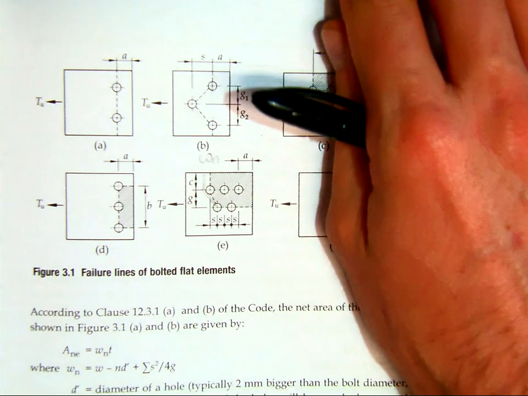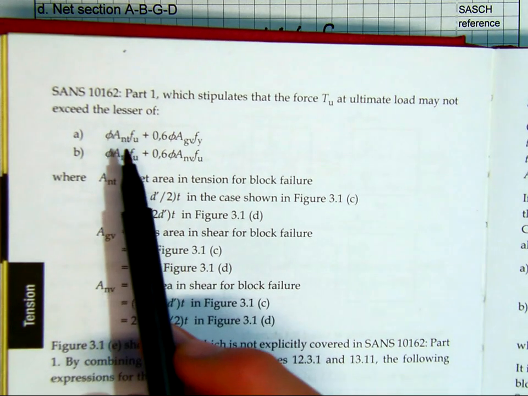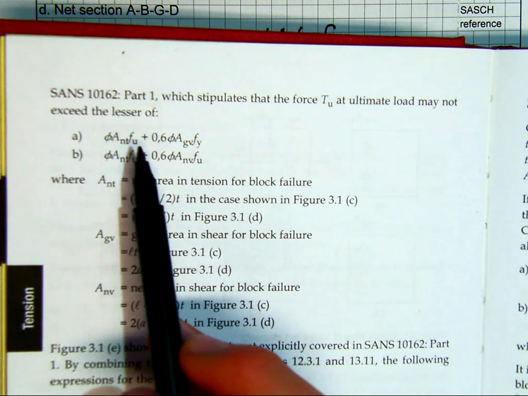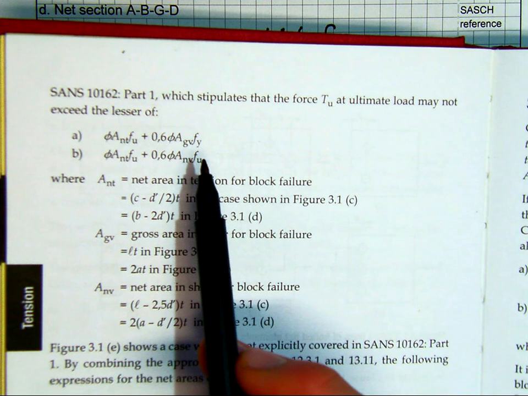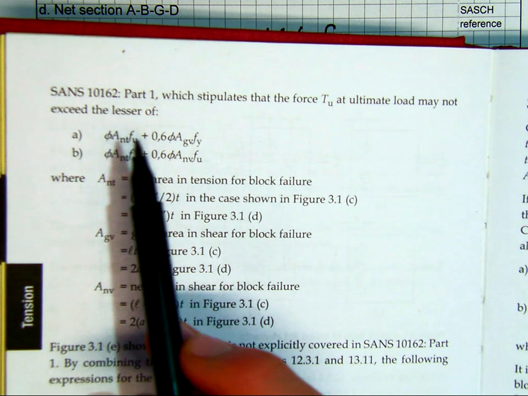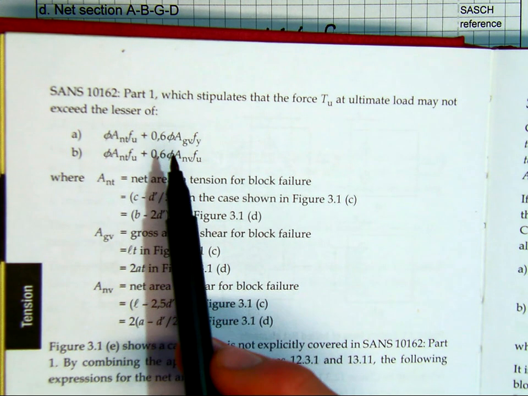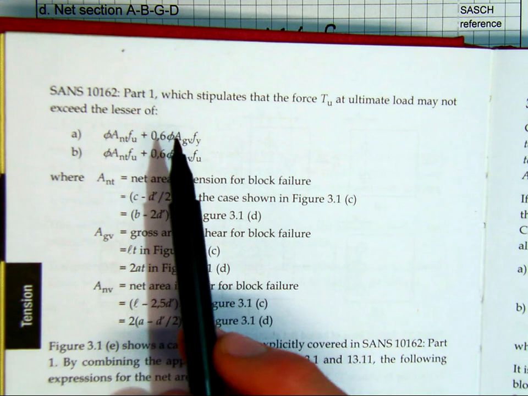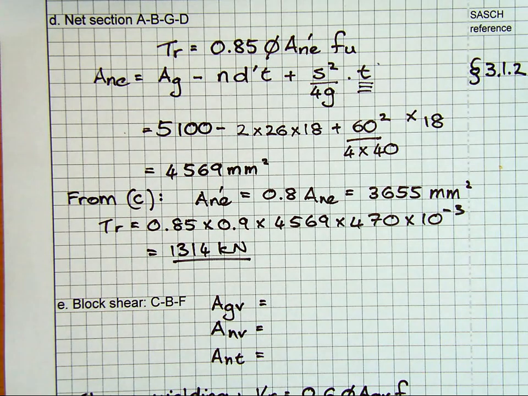When we calculate the tensile capacity, the total capacity has 2 components, a tension component and a shear component, either shear yield or shear fracture. The tensile component doesn't change. For the shear yield or shear fracture, we're looking for the lower of those two, and then use that for design.